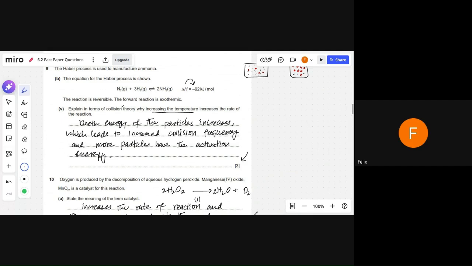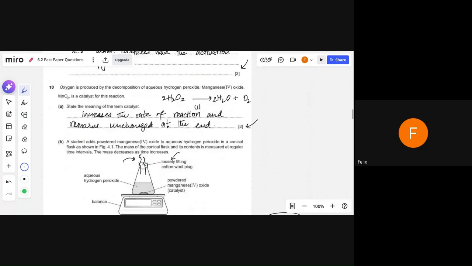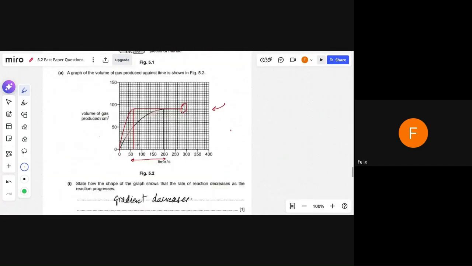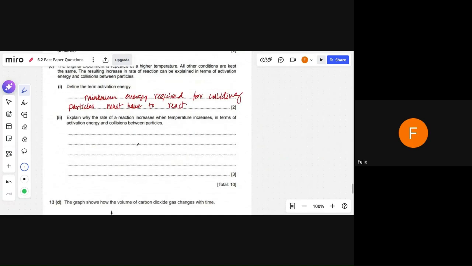You see, explain in terms of collision theory why increasing the temperature increases the rate of the reaction. But here it says, in terms of activation energy, and it has 3 marks. So we can say that the particles have more energy, so they will move faster. Or you can say that the kinetic energy increases.